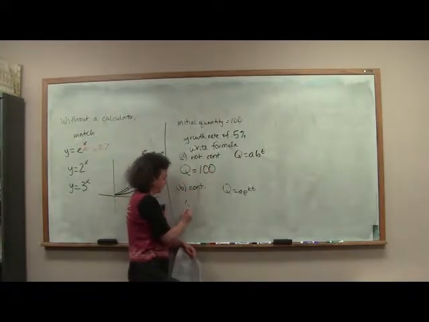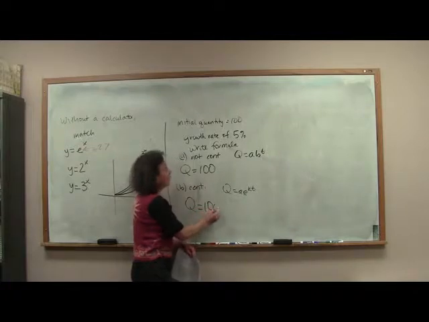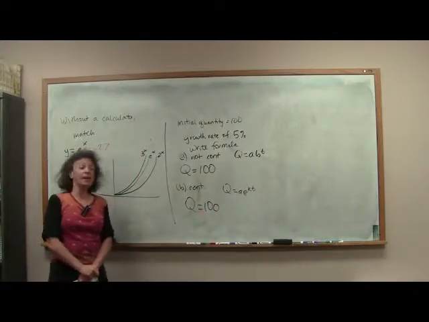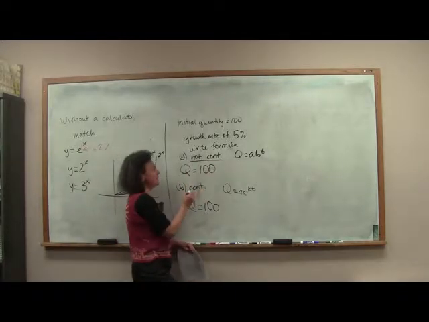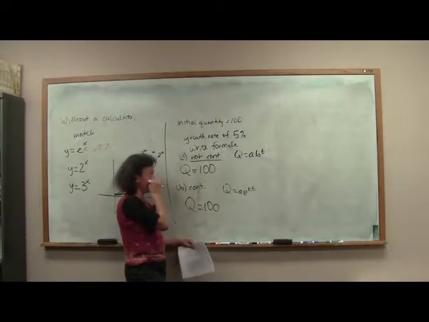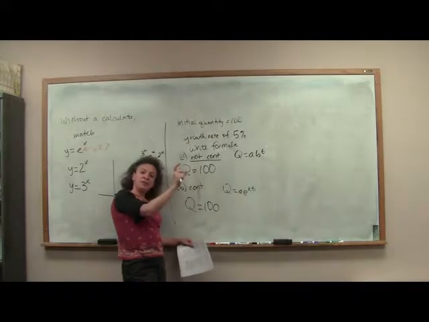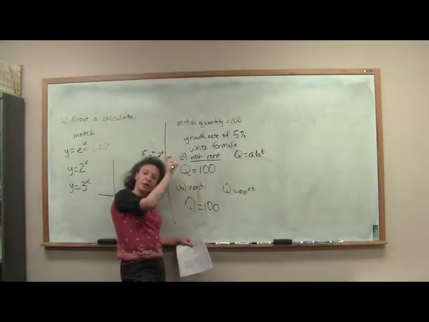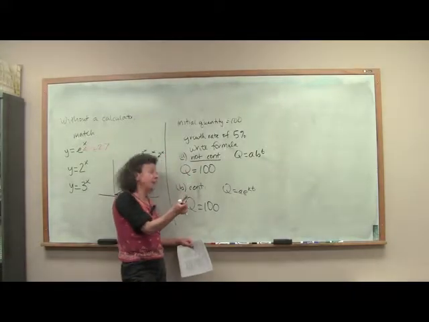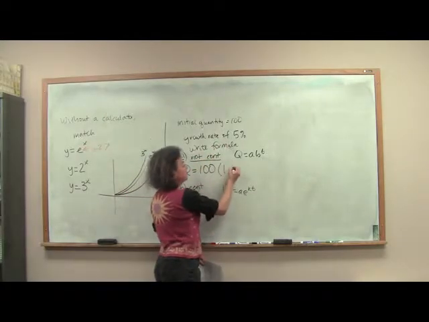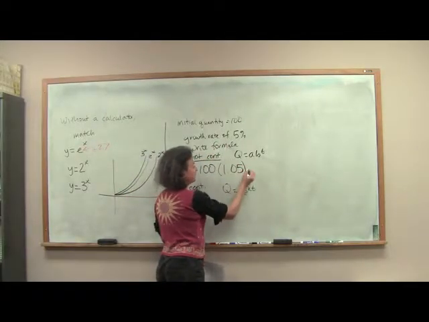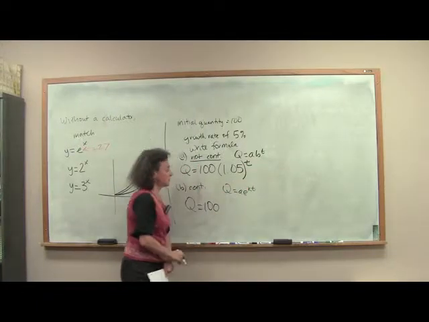Either way, our initial quantity is 100. That's the number out front. If it's not a continuous growth rate, remember that's when you use either the 1 plus the growth rate or 1 minus the decay rate. Here we're growing by 5%, so we would write 1.05 to the power of t.